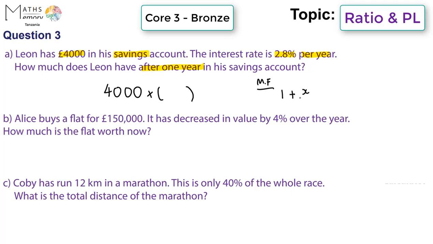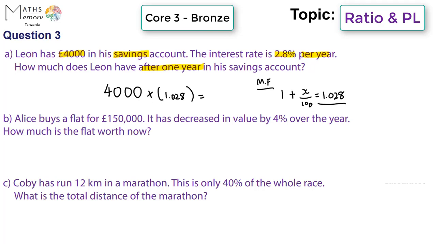1 plus x over 100. That sounds really complex, but x is just basically your percentage. So if you do the percentage divided by 100, in effect, we're changing this to a decimal. And that is 0.028. So 1 plus 0.028 is actually just going to be 1.028. Okay, this is your multiplying factor over here, 1.028.